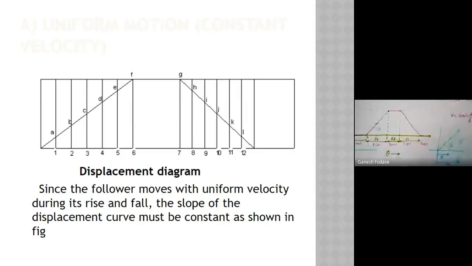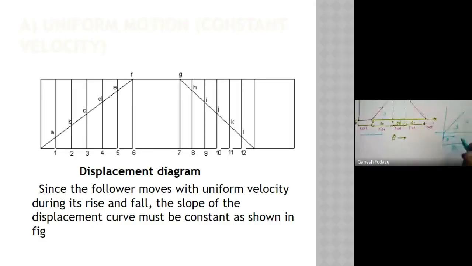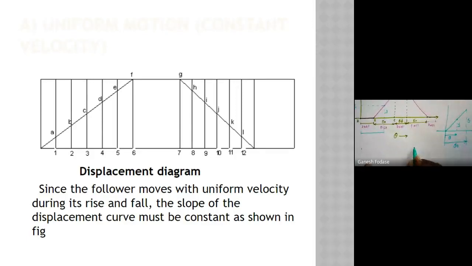Remember, I have to find out the equation for displacement so that I can find out velocity and acceleration. So from this I can write, at theta is equal to theta O, displacement is s. And at any angle theta, its displacement is y.